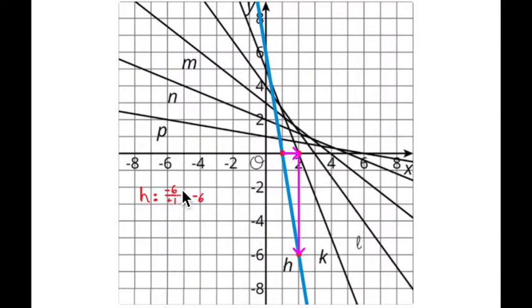So it's a negative 6 in the y direction and a positive 1 in the x direction. So that gives you a slope of negative 6. And once again, you can go up if you want, and over, or to the left and up, or you could go down first and then to the right.